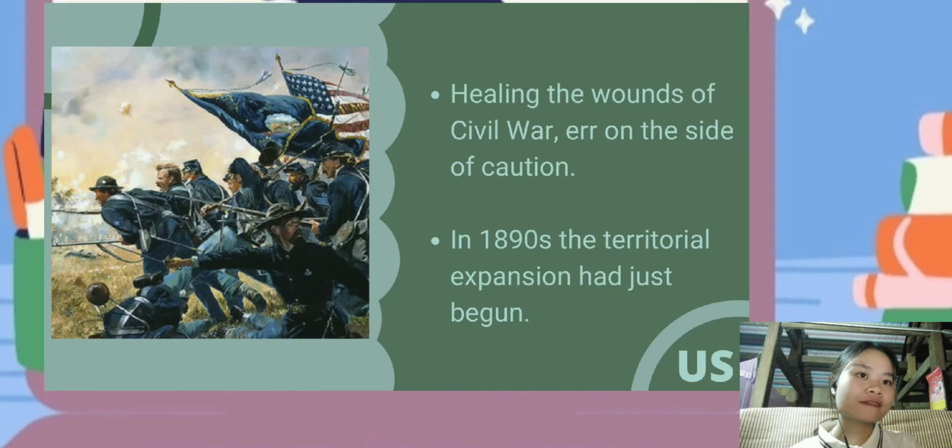It can be said that the United States was on the side of caution because of the invasion of other empires, and not until the 1890s did a new spirit of expansion take hold.